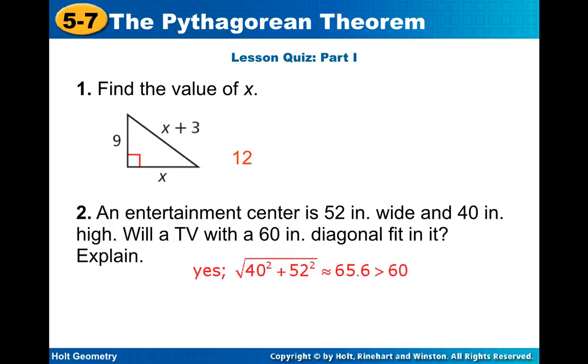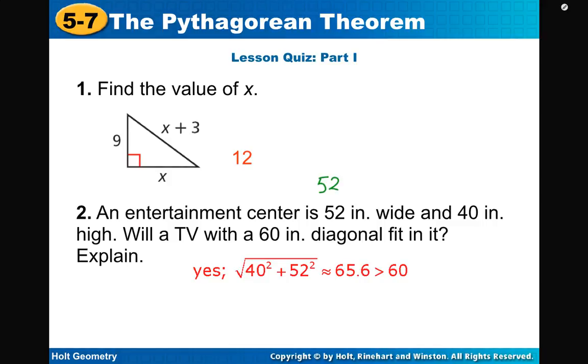Okay, so we're trying the Pythagorean theorem. So how did I get that solution? I actually did 52 squared plus 40 squared. And I compared that to 60 squared. This work probably did not need to show a square root.